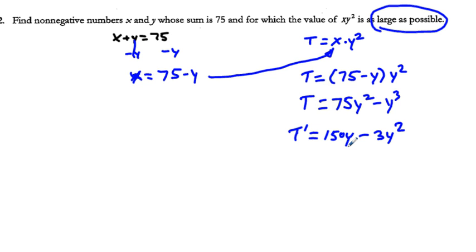And to find the absolute maximum, we need to find the critical numbers, and we'll set this equation equals 0. So 0 equals 150y minus 3y squared.